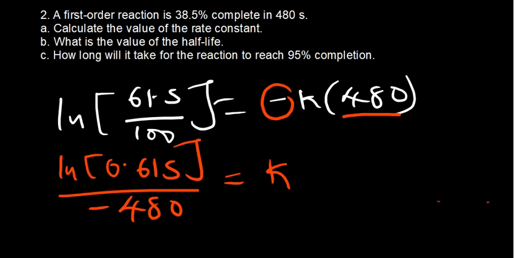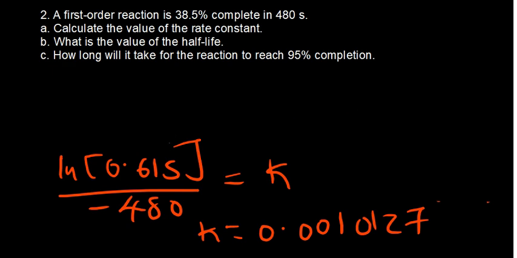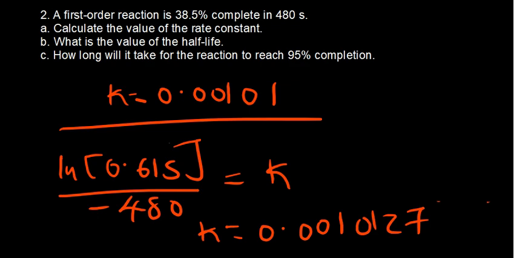The result I'm getting for my k is 0.0010127. So our final solution to present, in relation to the given data, is k equal to 0.00101. That is our value of k.